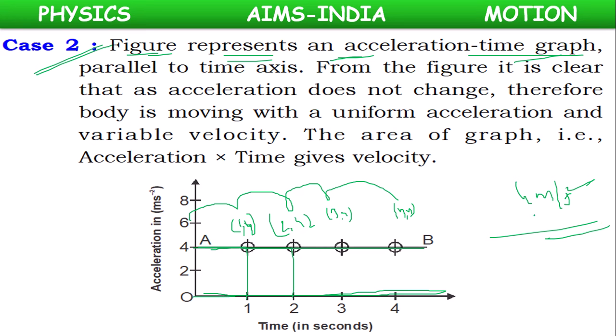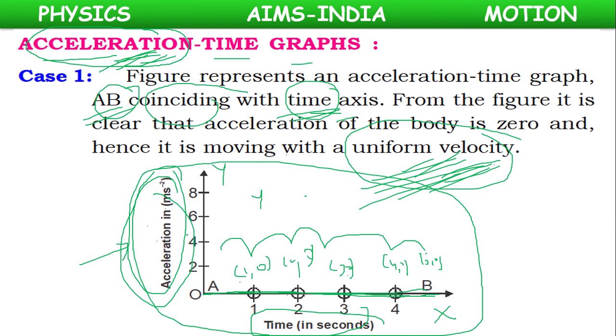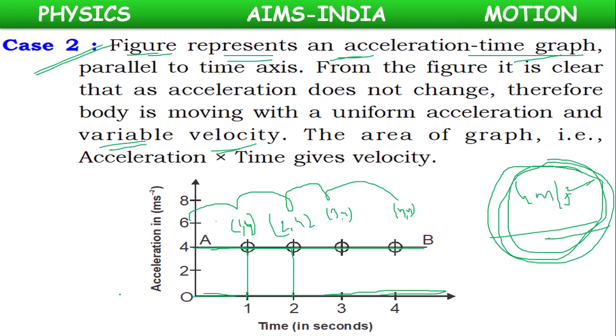So what can we say about this condition? The body is traveling with uniform acceleration and variable velocity. In the previous case, the body was traveling with zero acceleration and uniform velocity. But in this case, the acceleration is not zero, but the acceleration is constant.